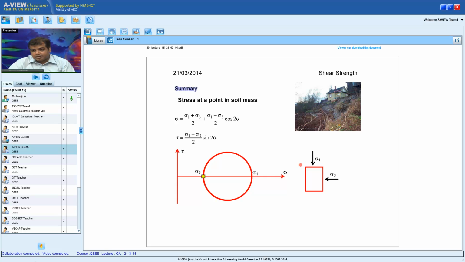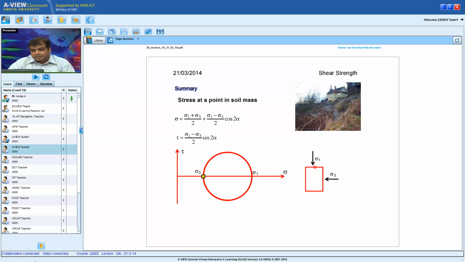So if we had to resolve this in terms of Mohr circle, sigma 1, which was greater than sigma 3 in this figure, we could plot sigma 1 as the greater stress value, sigma 3 as the minor stress value. Likewise, this was the minor principal plane.